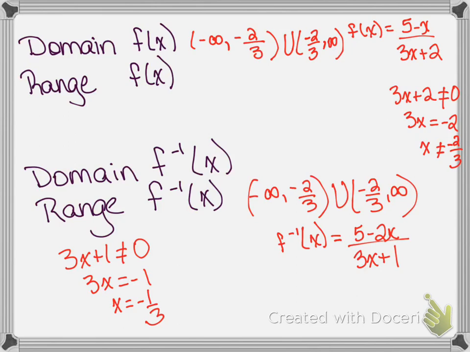Wait, does it equal or does it not equal? You're correct. My x value cannot be negative 1/3, so that's what I'm excluding. So I've got negative infinity to negative 1/3 and negative 1/3 to infinity.